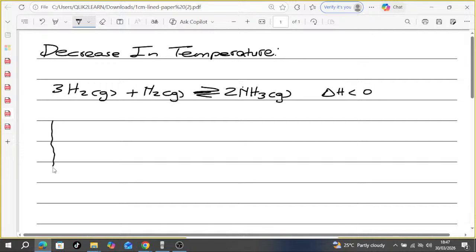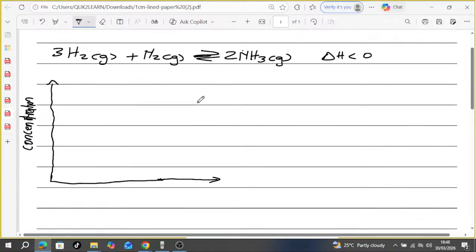Okay, let's start with the concentration graph. So this will be my concentration, and this here will be my time in seconds.